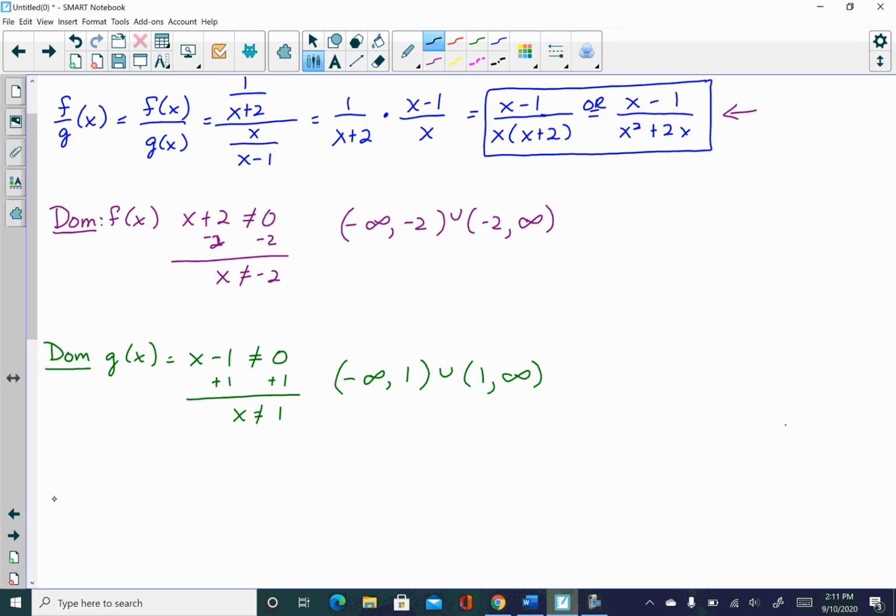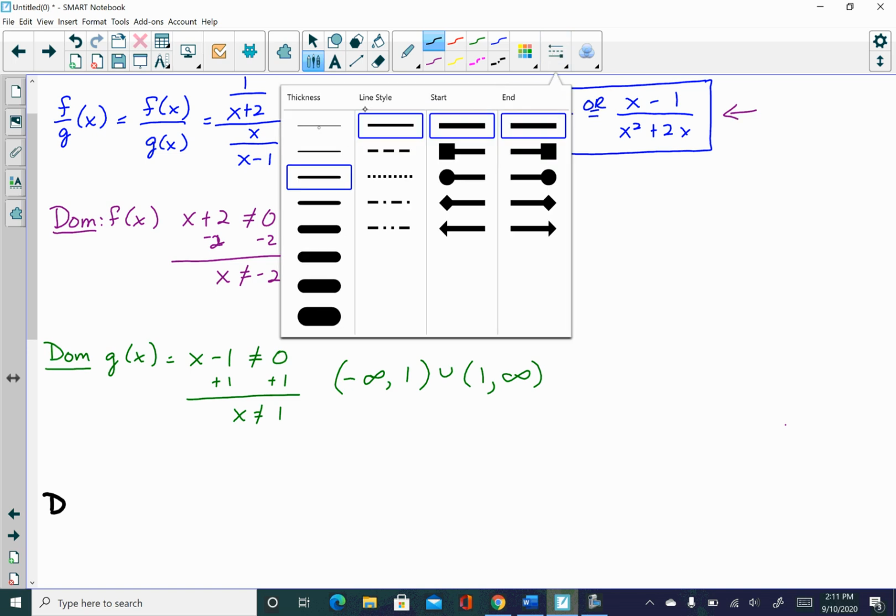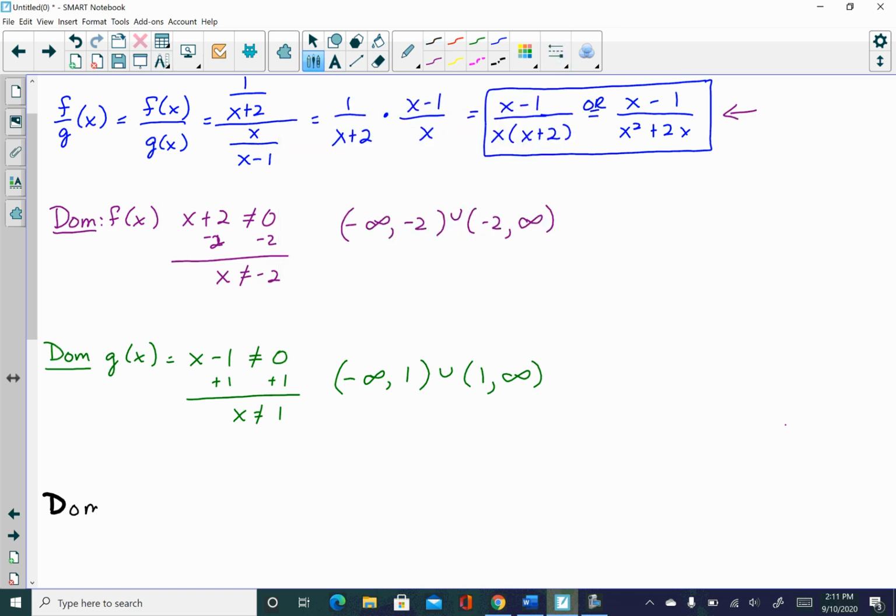And lastly, to look at the domain of f over g, that means then that g cannot equal 0. So your g function, x over x minus 1, cannot equal 0. We haven't seen anything like this before. What I'm going to do is put a 1 underneath the 0, because 0 divided by 1 is still 0, so it's still the same thing.